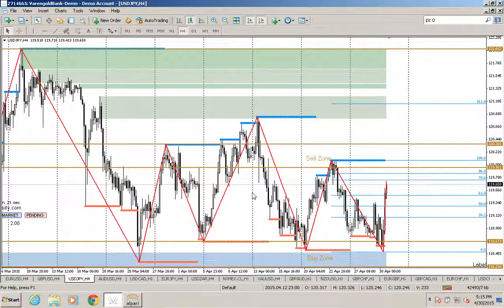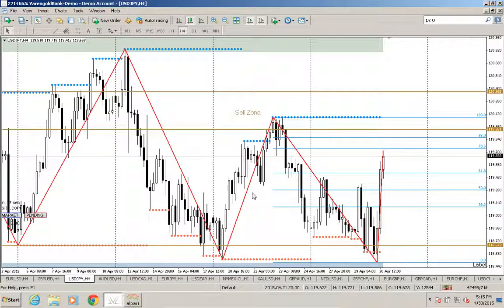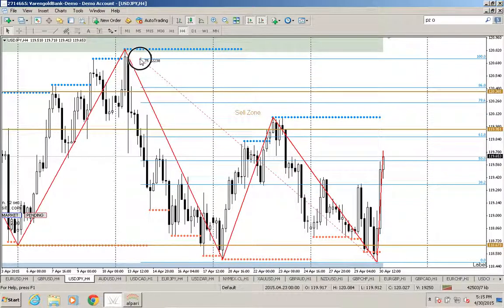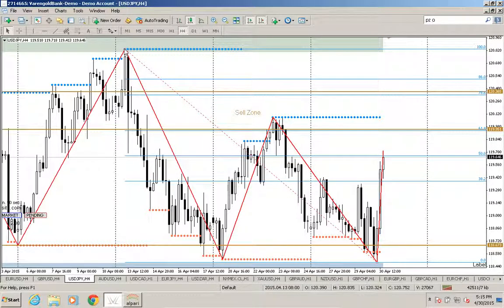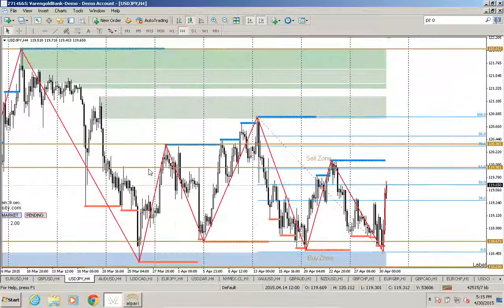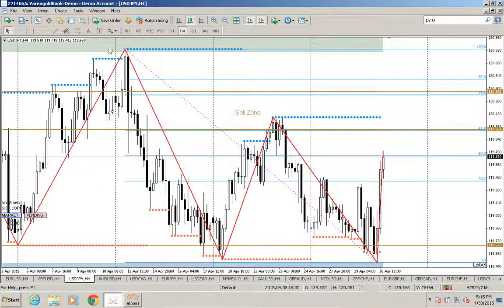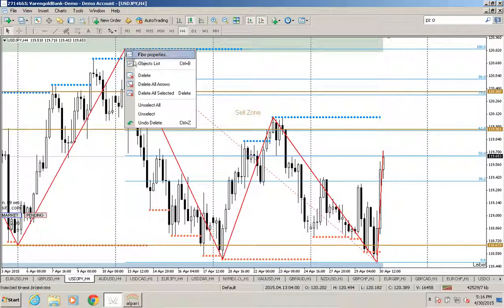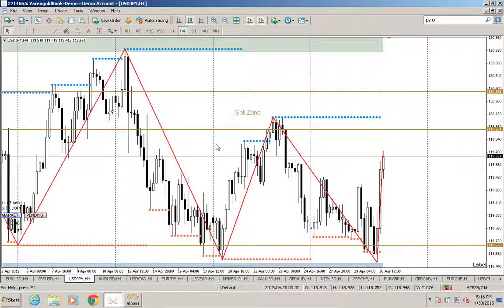If you zoom out and you look at the past, you see there's no other important levels on the 61. So it's not something we'll be using now. And if we draw from the previous high, we see the same thing. So we will not be making trade decisions on US dollar JPY with Fibonacci right now. It's as simple as that.